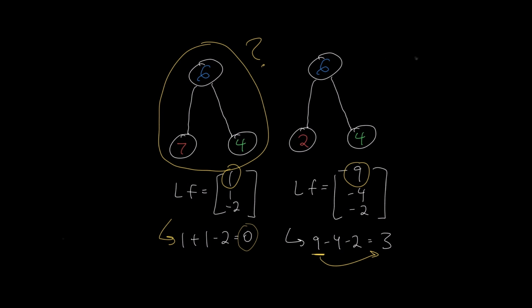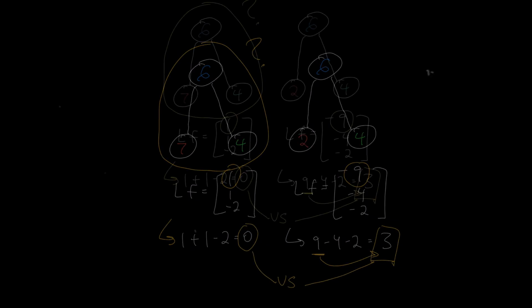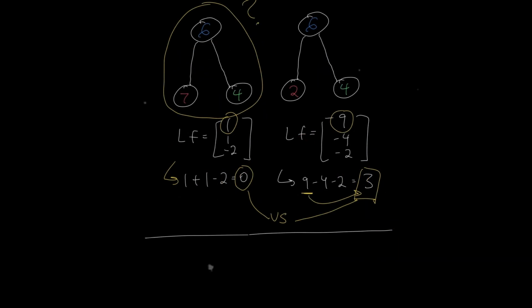This gives us a single number that captures the global similarity of a graph. Formally, we'll do this by multiplying F as a row by LF.